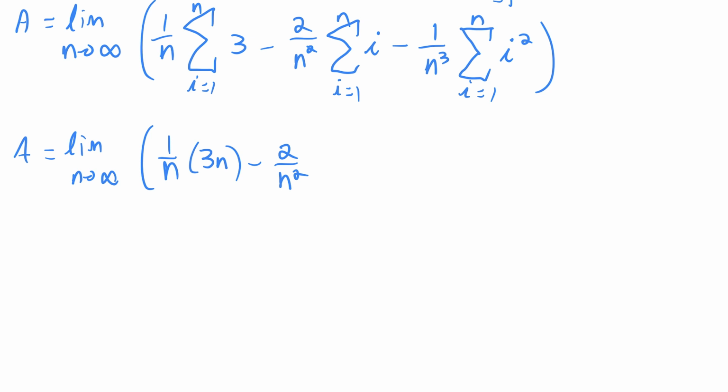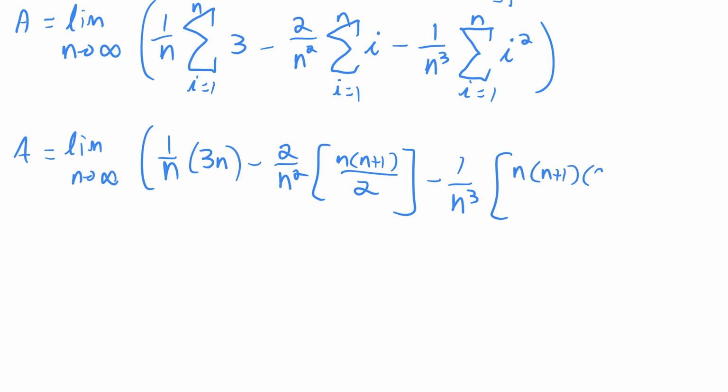The sum from 1 to n of i is just n times n plus 1 over 2 minus 1 over n cubed. And the sum from 1 to n of i squared is n times n plus 1 times 2n plus 1 divided by 6.